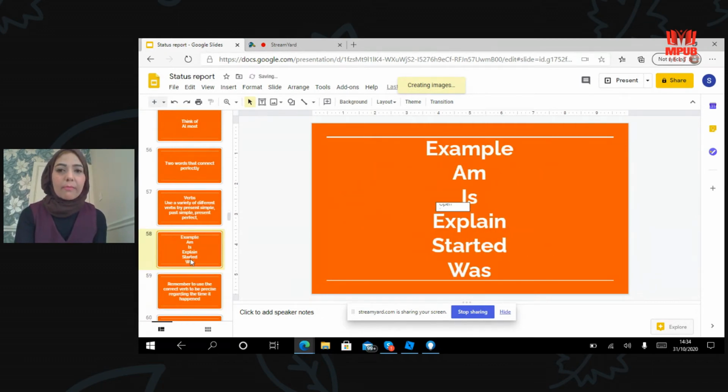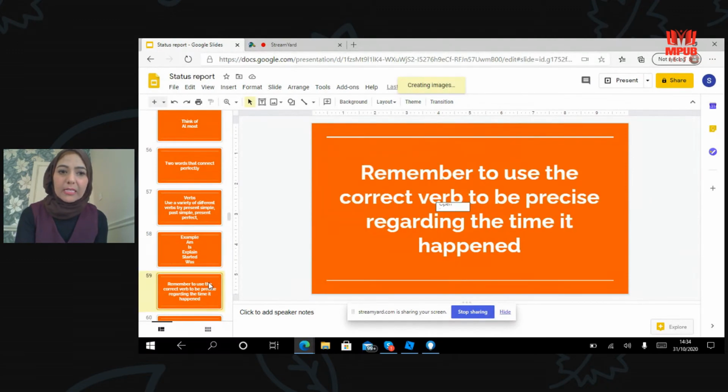So a good example is to use words like is, explain, started, was. So you can see how they're in different tenses: they're in present, they're in past, they're in past perfect.